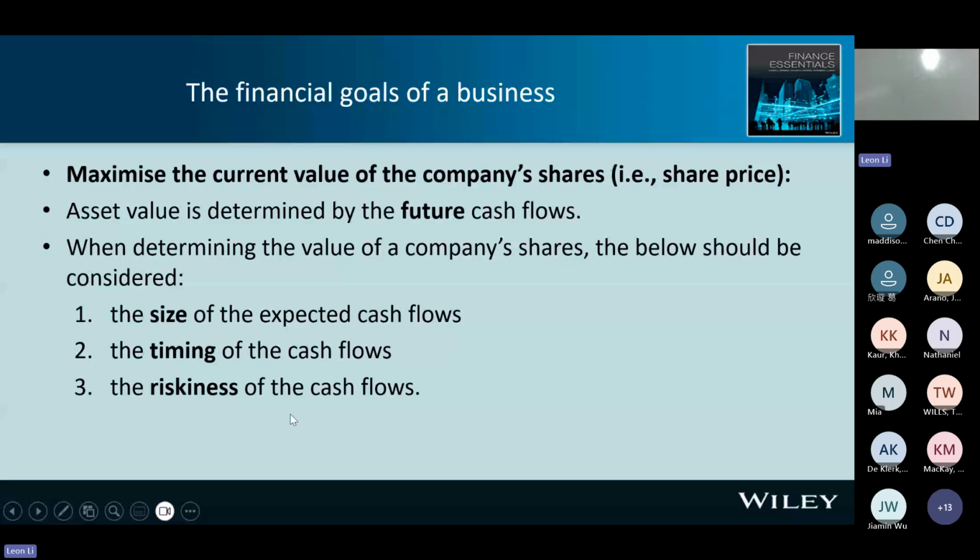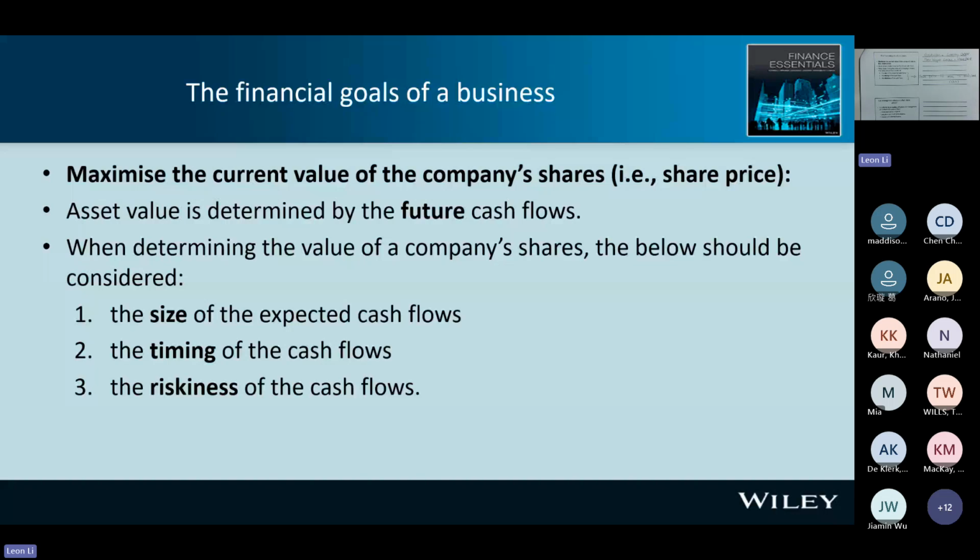In finance, we think share price is the best goal because the share price reflects everything, including size, timing, risk of cash flow, even reputation. All of them go into the share price. We will have more discussion on the share price in chapter 2, where we will discuss market efficiency.